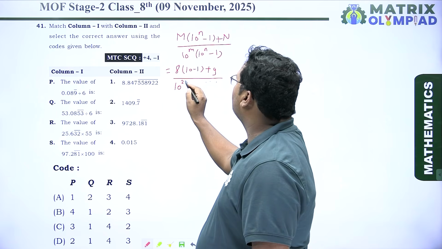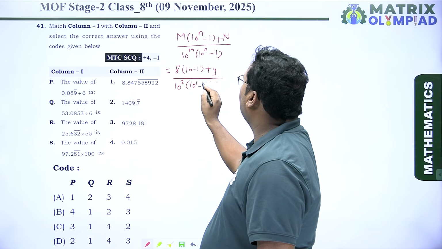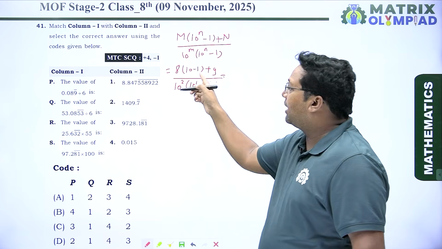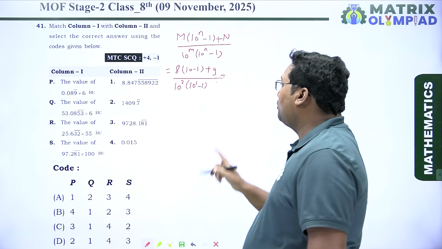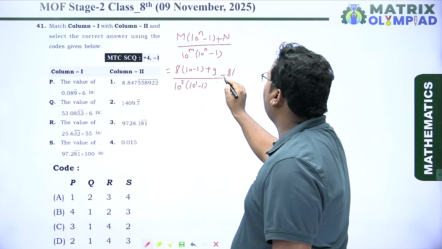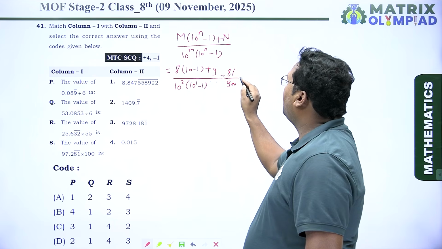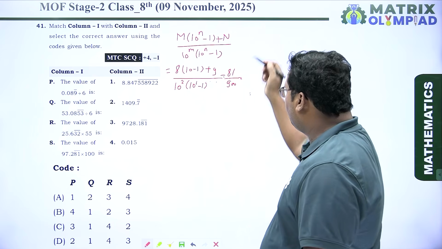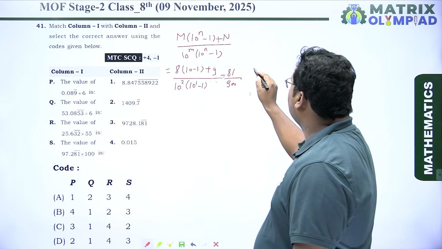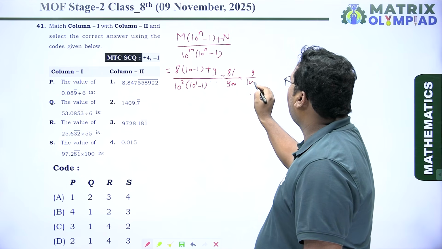So it is 10 square into 10 to the power 1 minus 1, which is equal to 10 minus 1 is 9, 9 8s are 72, 72 plus 9 is 81, and it is 10 square 100, 100 into 9 is 900. 81 upon 900, both numbers are divisible by 9, so it is 9 by 100.